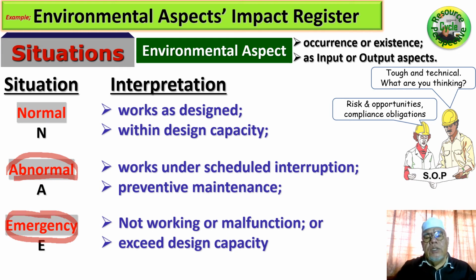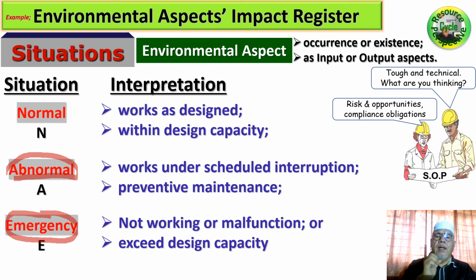And according to him, spill, leakage, or in instances, as I've mentioned earlier, production trip, those half-cooked raw materials, are environmental aspects in emergency situation.